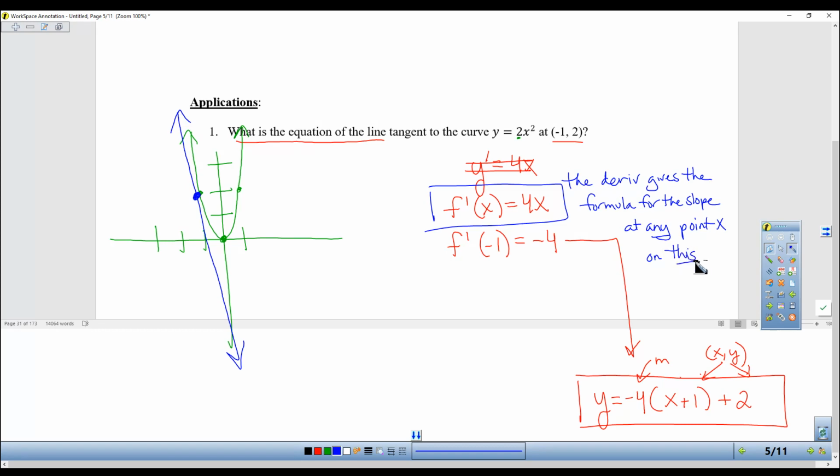Okay, that is only the formula on this particular curve. So if I was trying to find the slope here, I'd plug in a 1. Right there, the slope is 2. Right here, I'd plug in 0. The slope is 0.